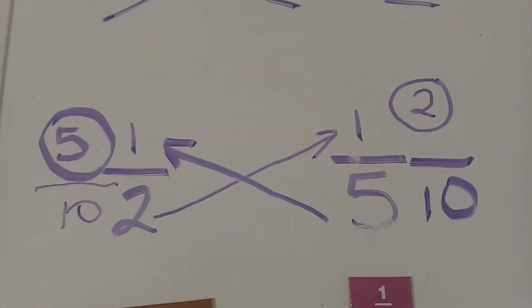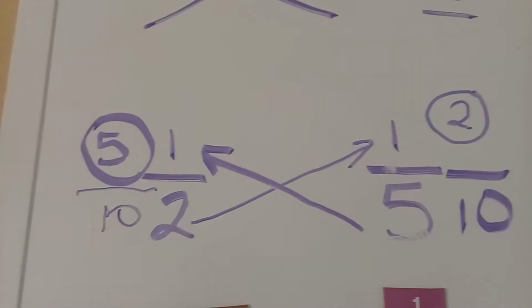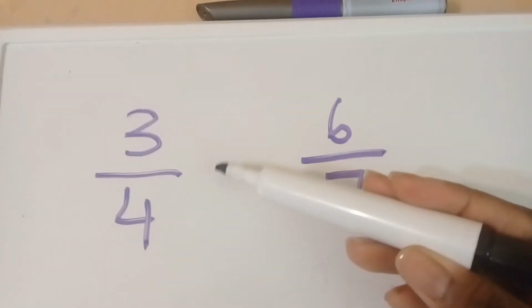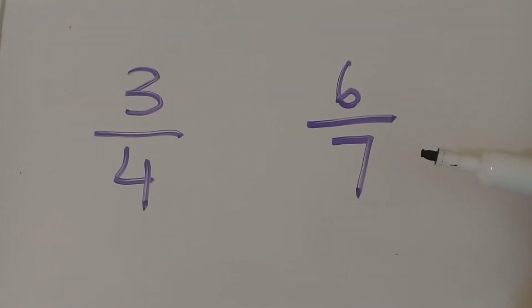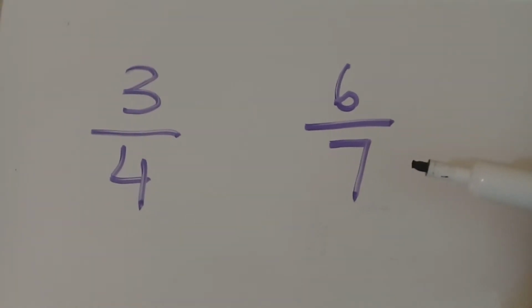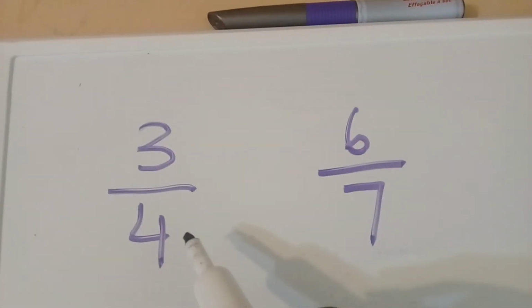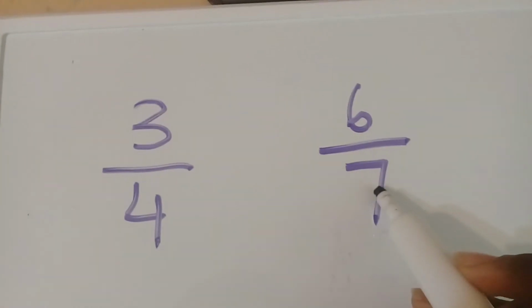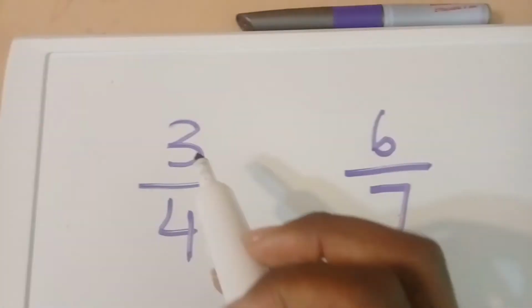Let's look at some more, but we're just going to focus on cross-multiplying and do it a little bit quicker. In this new problem, I'm comparing 3/4 and 6/7. So I'm going to cross-multiply to find these because you will not always have fraction tiles on you to make a visual. So it's more realistic to use a paper method. So for me to cross-multiply, I'm going to use my denominators, 4 and 7, and multiply the other side by them. So I'll do 7 times 3.